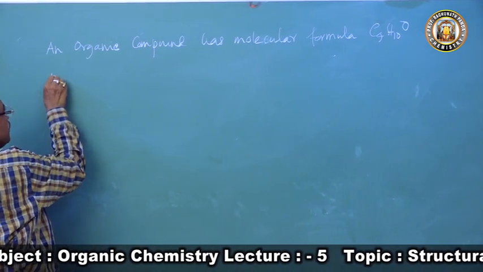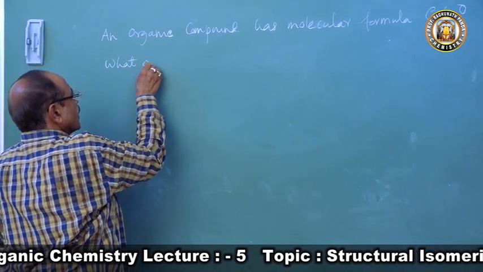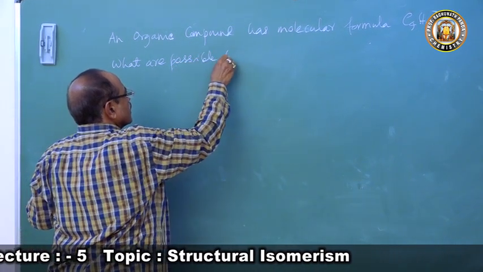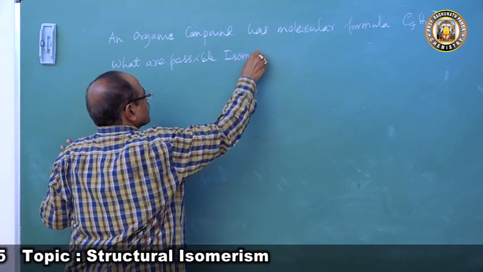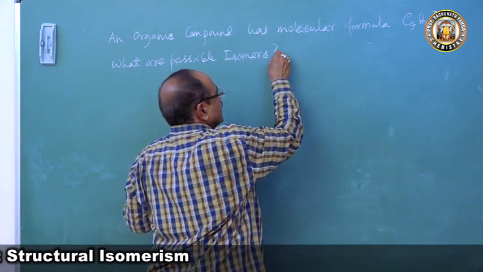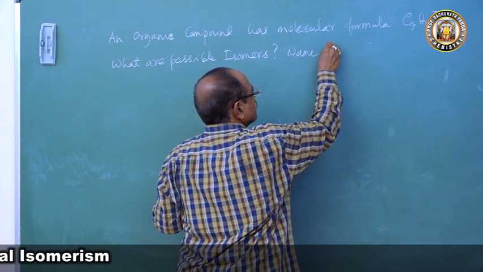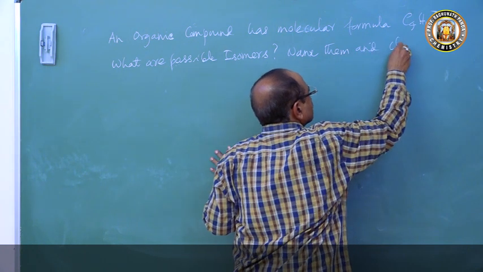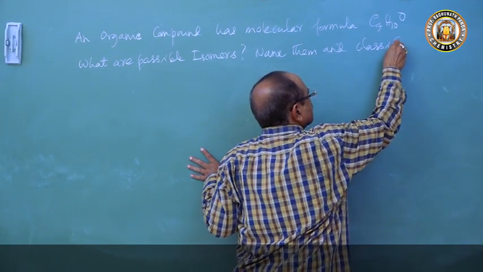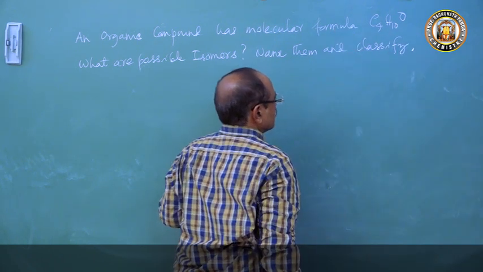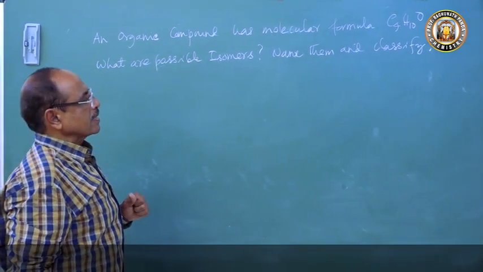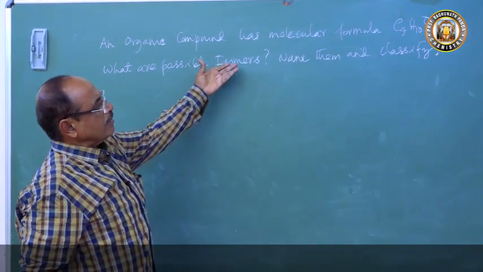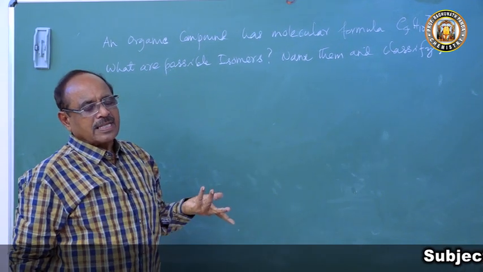What are the possible isomers? Name them and classify. This is a 4-mark or 3-mark question. Sometimes it may come in your exam, and this is for 11th students. You have a straight question in isomerism.